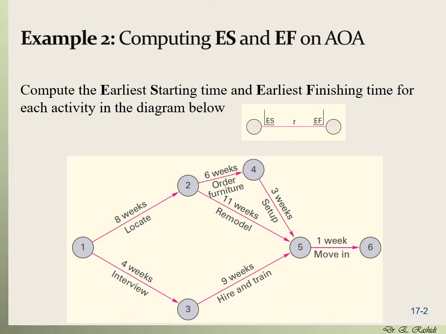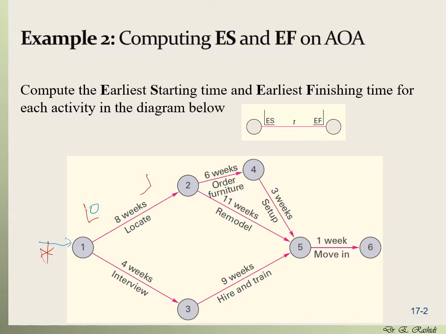All right, this is how we solve the problem. We start from the very beginning, from node 1 here, and I'm going to create these little figures here. I'm going to put the values for the earliest start on the down left here. So that's the earliest start, and that's going to be 0. We can start right away because there is no other activity that goes to node 1.